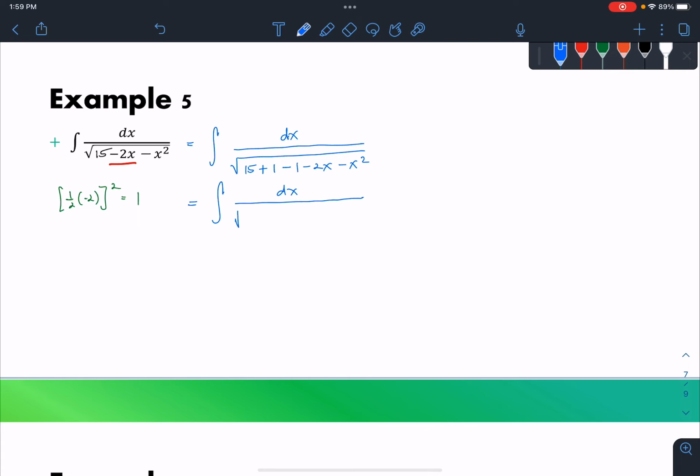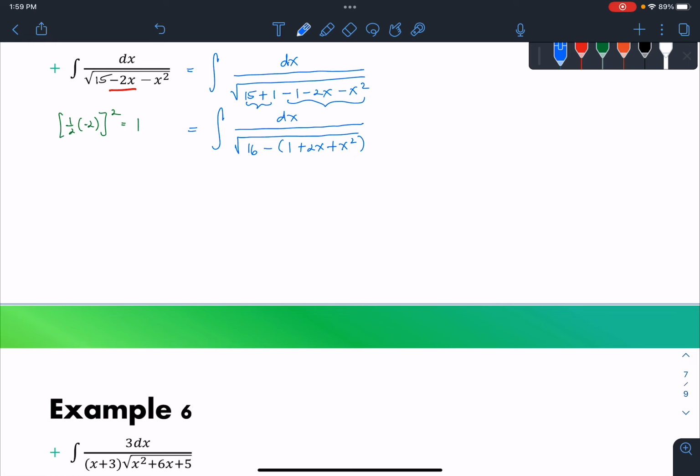So this would be the square root of 15 plus 1, which is 16. And this is for the first two terms. And then for the last three terms, negative is common to the 3. So I'm going to factor out negative. So that would make it 1 plus 2x plus x squared.